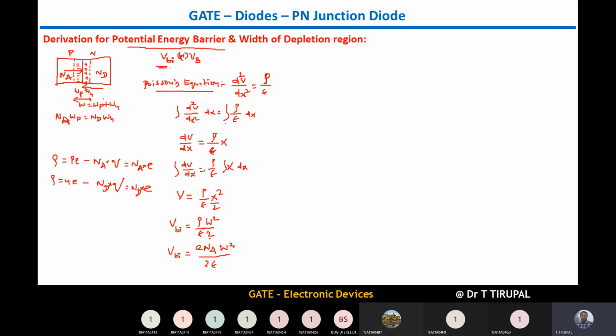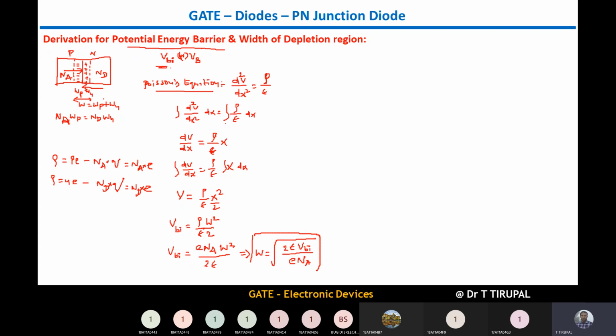So from this, what is the width of the depletion region? W is equal to the square root of 2 epsilon VBI whole divided by E into Na.